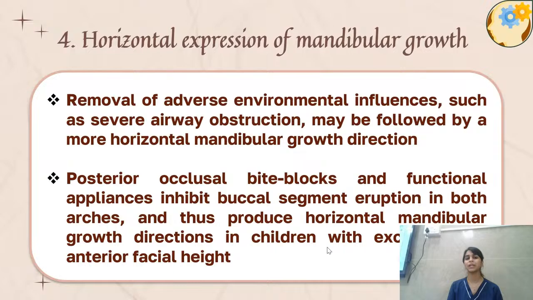This is how we treat the patients with vertical growth pattern using twin blocks by ensuring not to trim the bite blocks and maintaining the rotation of the mandible as it is.